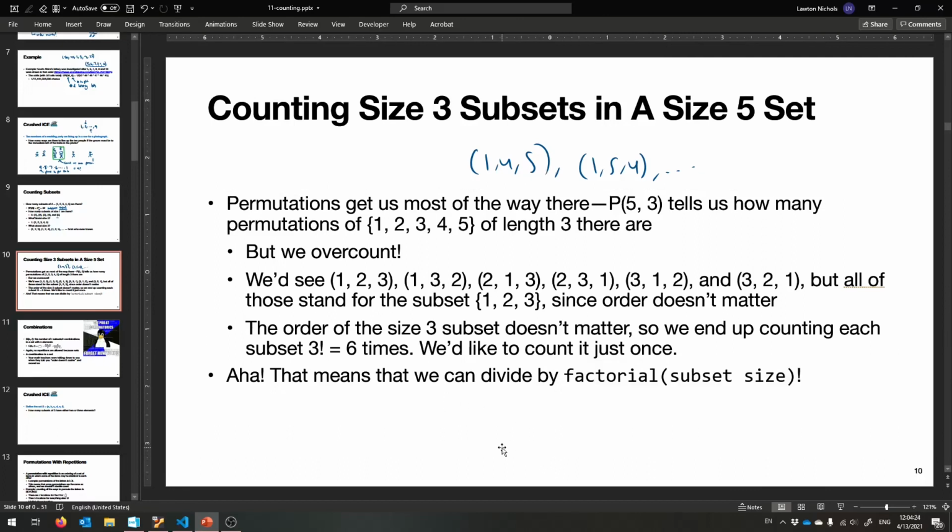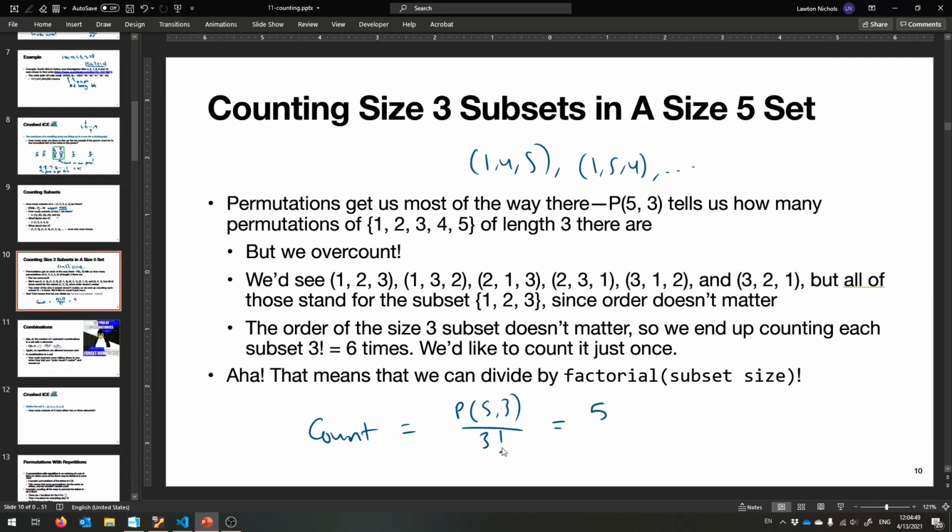Isn't that crazy? So the real answer is the count equals P(5,3) over 3 factorial. That is the idea. We can break this down a little more.